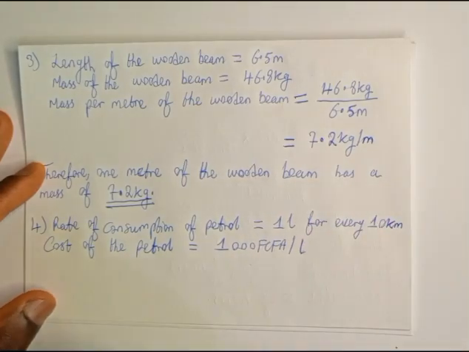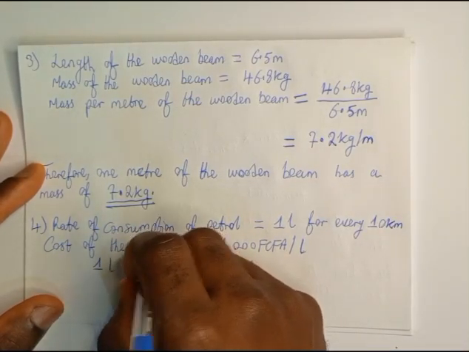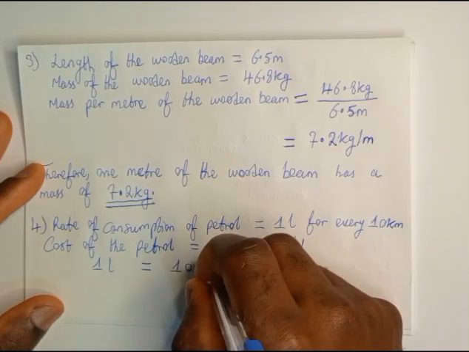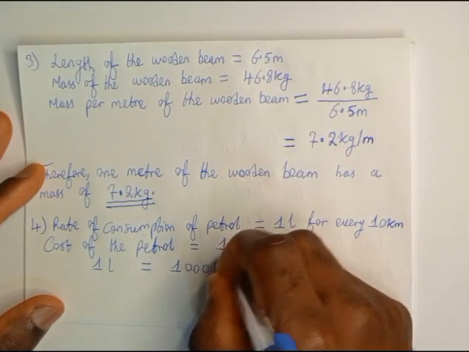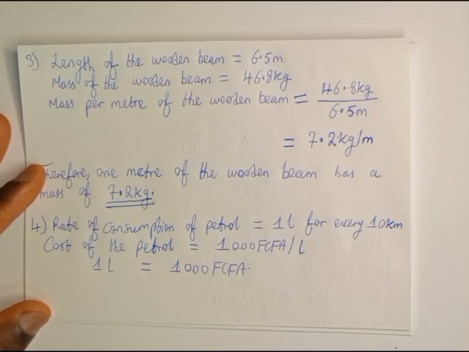That means 1 liter of petrol is sold for 1000 francs CFA. Now we need to find the number of liters of petrol that will be used for the journey of 910 kilometers.